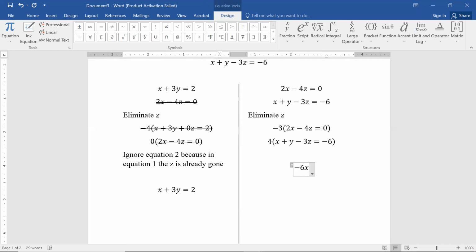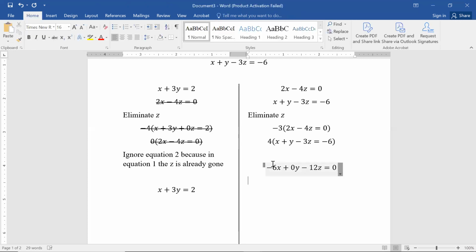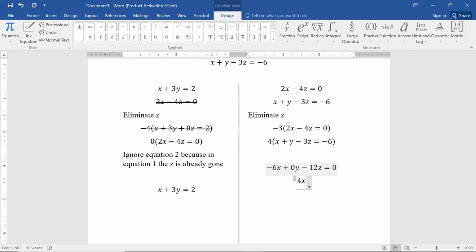If you want to put +0y just as a spaceholder, you can. Plus 12z equals 0.